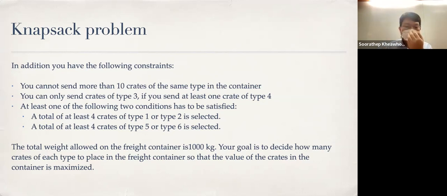The total weight allowed in the container is 1,000 kilograms, 1 ton. Your goal is to design how many crates of each type to place in the container so that the value of the crates in the container is maximized.